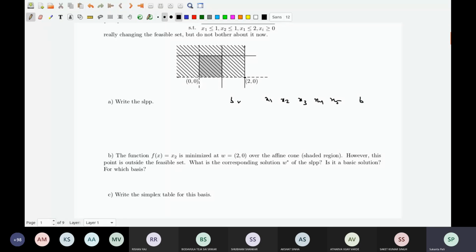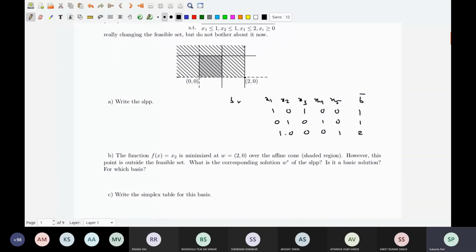There are 3 inequalities, so I will have 3 extra variables, and this is a 2 variable problem. So it will be 1 0 1 0 0 1. And then for x2 it is 1 0 1 0 1, and x1 less than or equal to 2. That was an unnecessary extra constraint, but such situations can happen when you are dealing with too many equations.